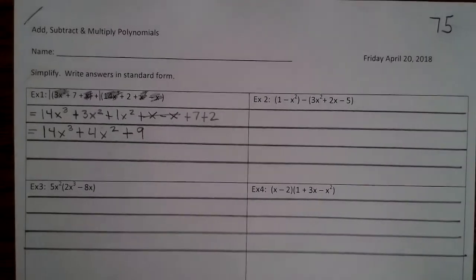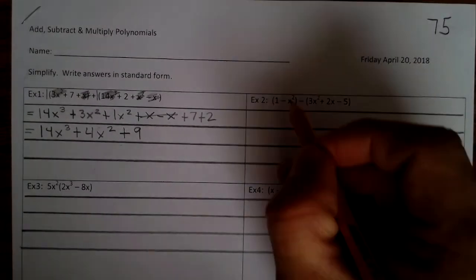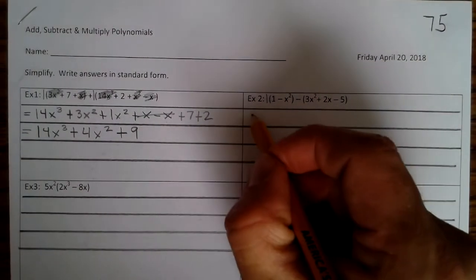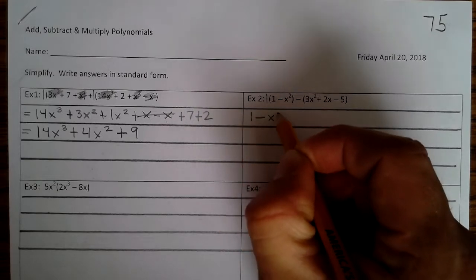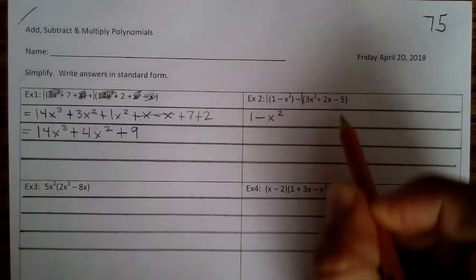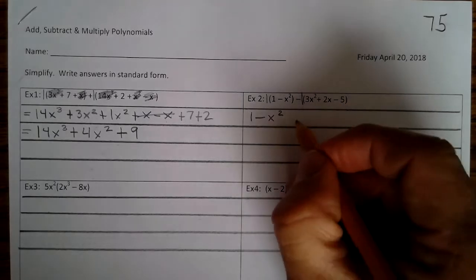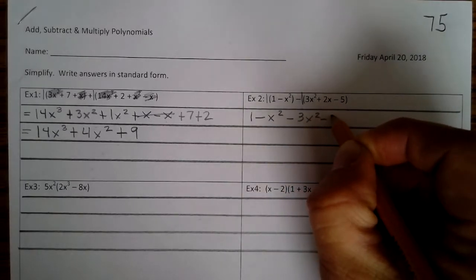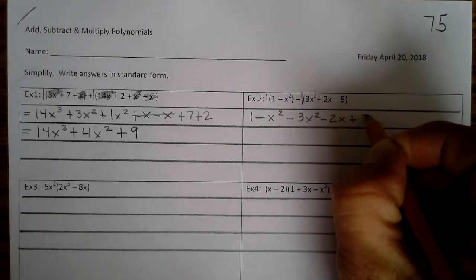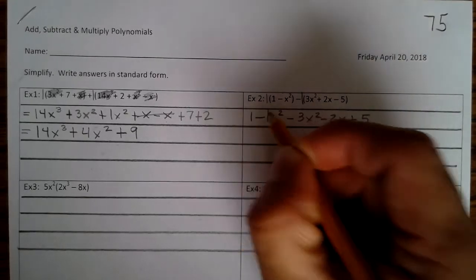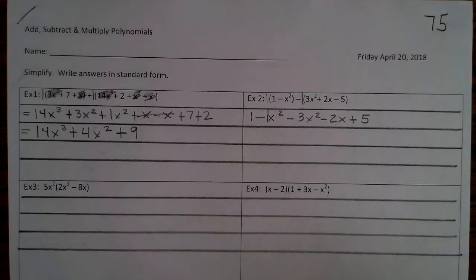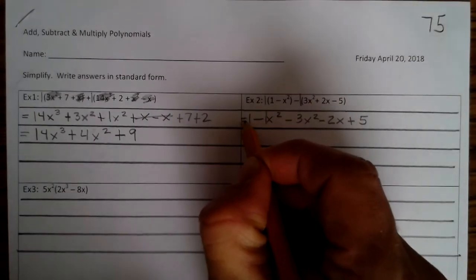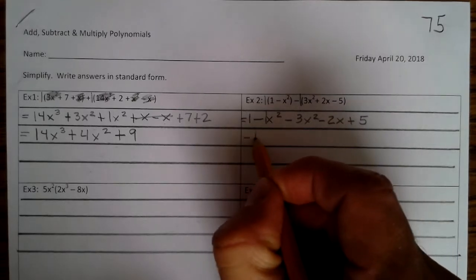All right, so now let's take a look at example 2. So again, we're going to distribute first. When we distribute by 1, we just have 1 minus x squared. But now here we distribute by negative 1, so that becomes negative 3x squared minus 2x plus 5. I'm going to go and put a 1 there. Now remember, we write these from highest to constant. So I'm going to go ahead and put negative 1x squared first.